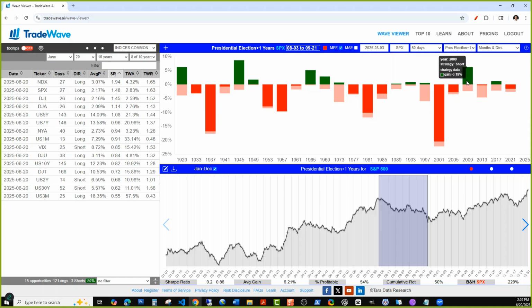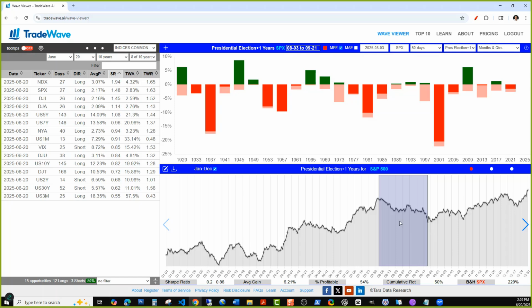Although in 2009 and 2017 it was long, still it was positive, but the negatives and the downs are much longer. And look at the red square up here. TradeWave considers this date range as a better short than a long, probability wise.